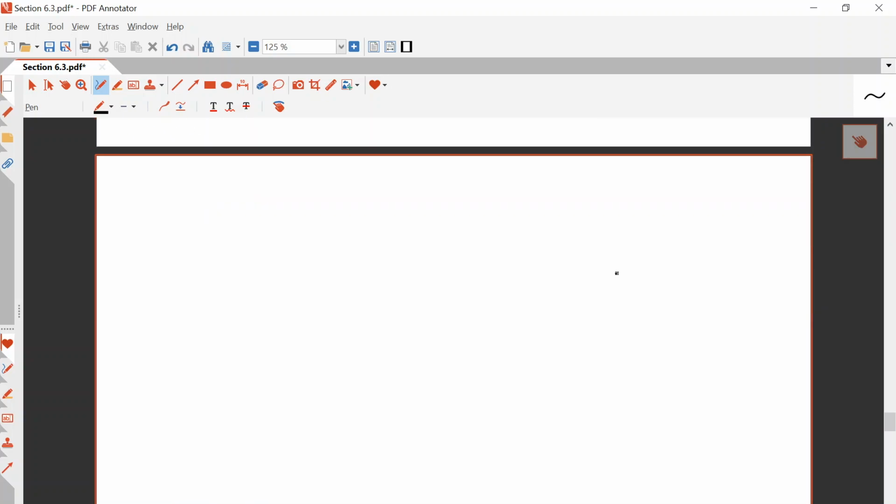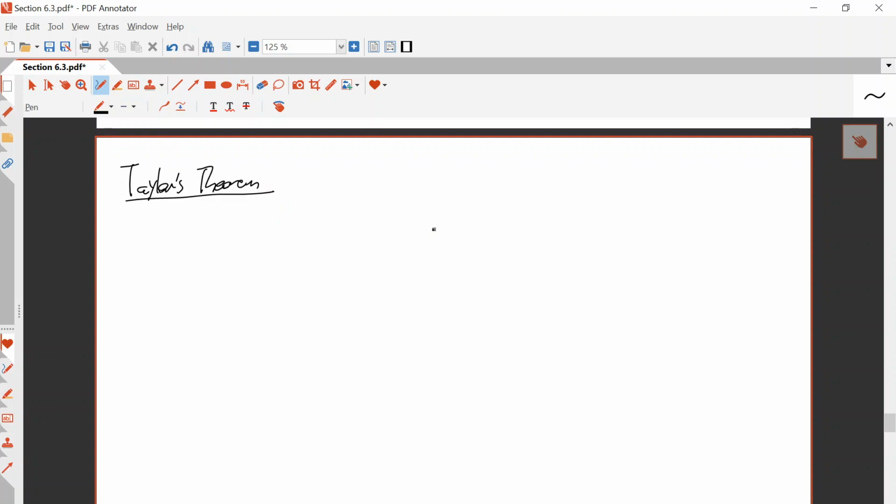So Taylor's theorem is as follows. And we're not going to prove it, unfortunately. It's probably a little bit much to try to prove it here, but we'll talk about it a little bit.